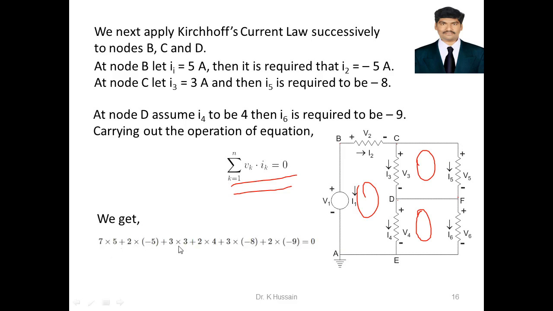Okay, after finding the values of voltage and current, just sum this one, because we have a total of 5 here. You can take 1, 2, 3, 4, 5, 6 total. Because you see 1, 2, 3, 4, 5, these are common, right?